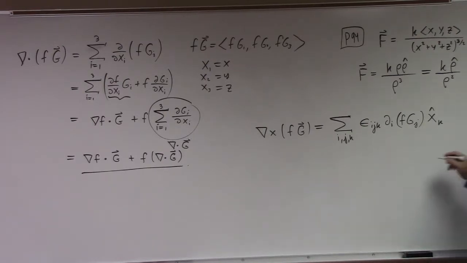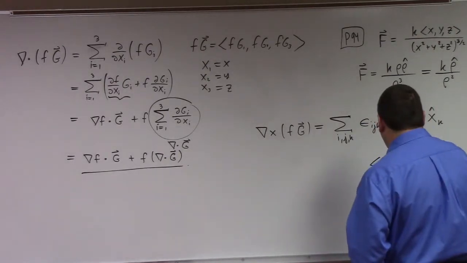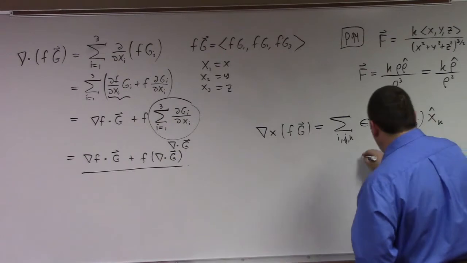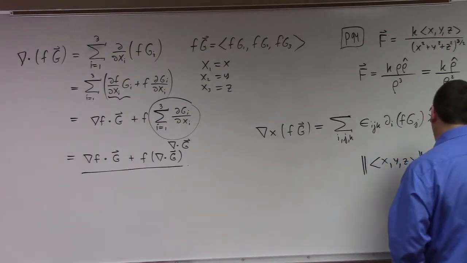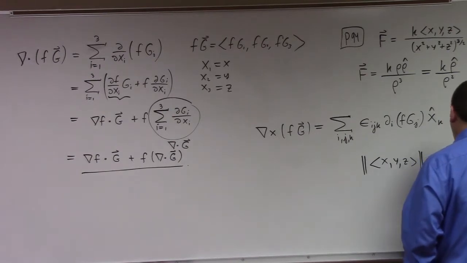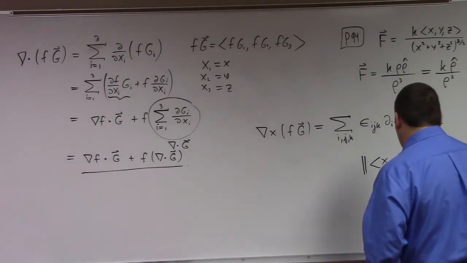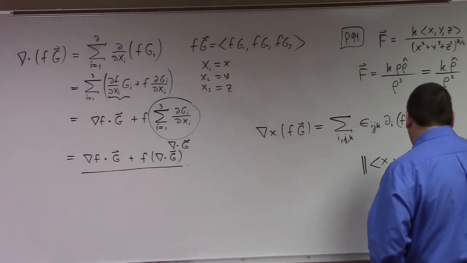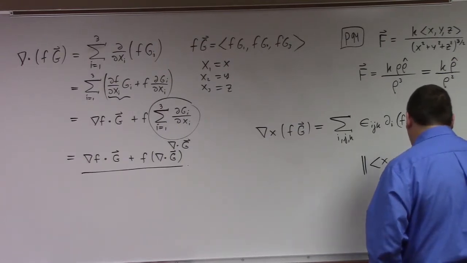Oh, well, what is this vector field, x, y, z? The length of it is the square root of x squared plus y squared plus z squared. So in fact, the formula for rho hat in terms of Cartesians is x, y, z divided by the square root of x squared plus y squared plus z squared.